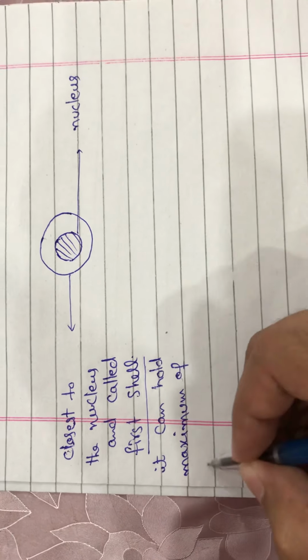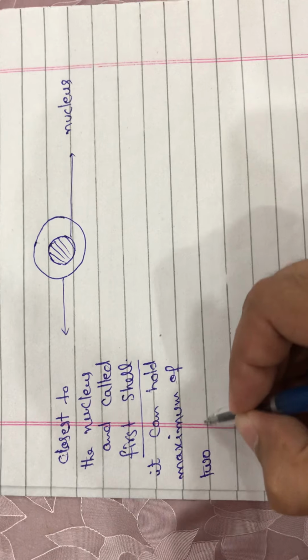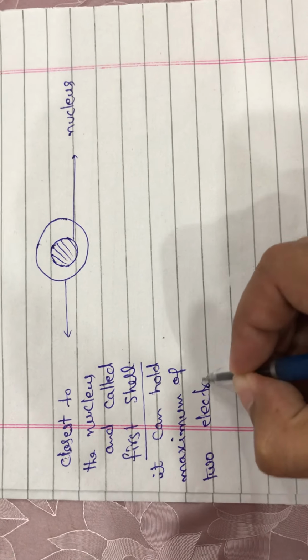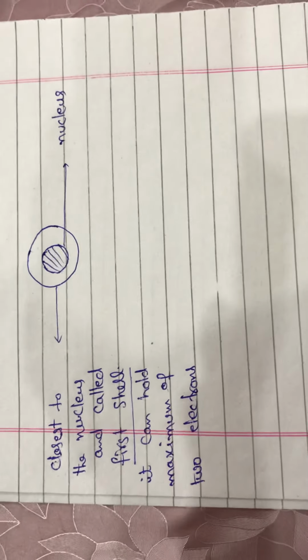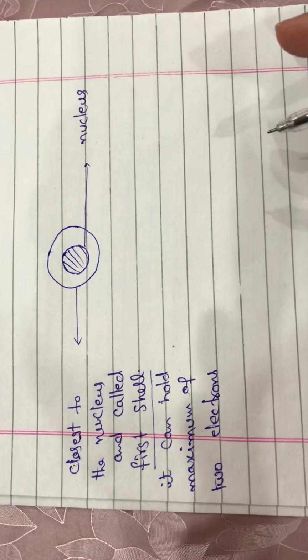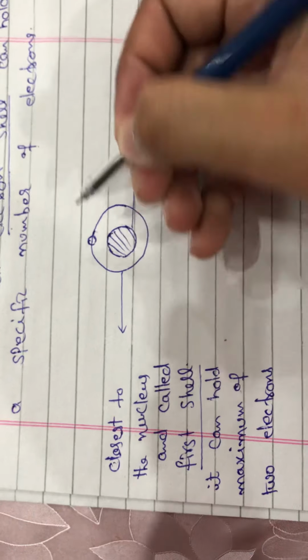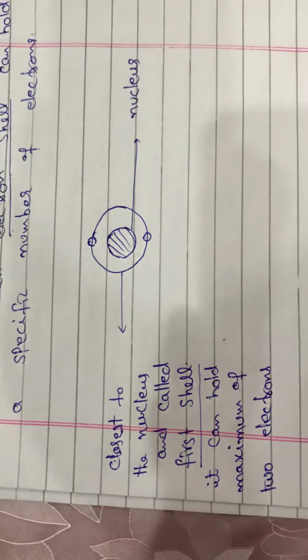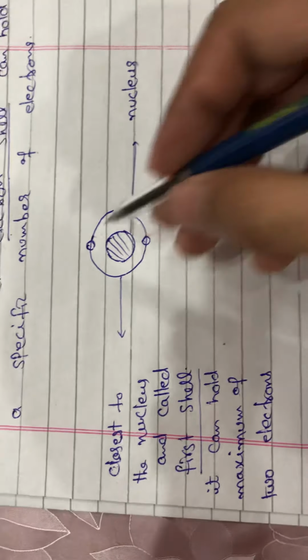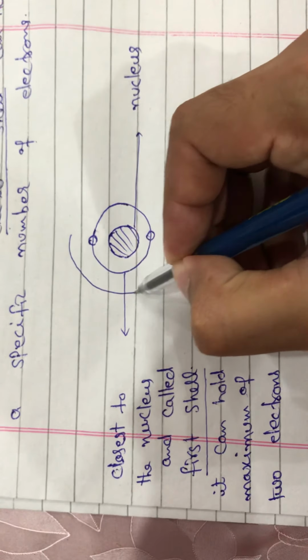When the 2 electrons are in this shell, it is completely filled. So 2 electrons in the first shell.